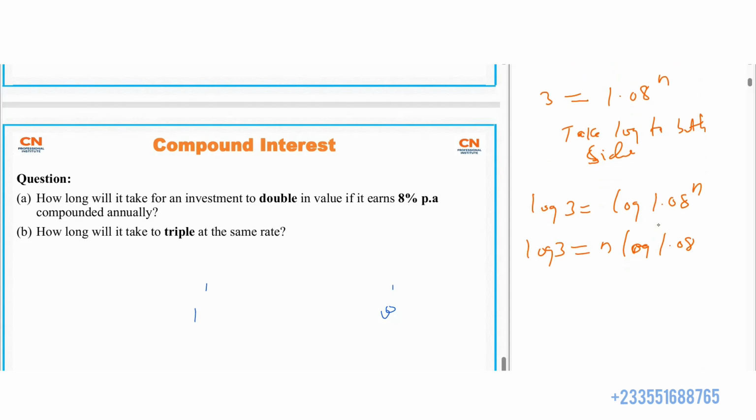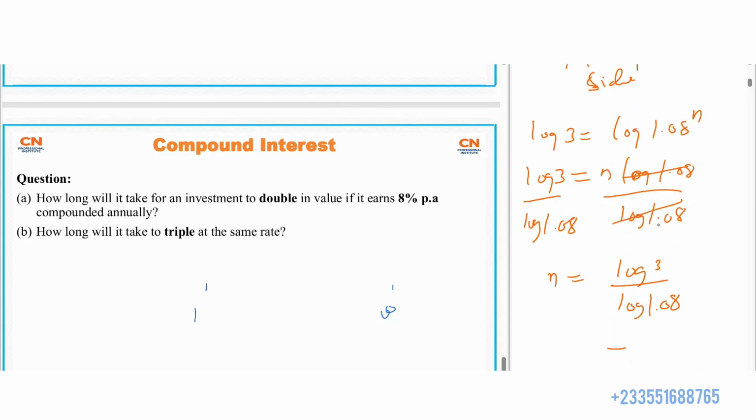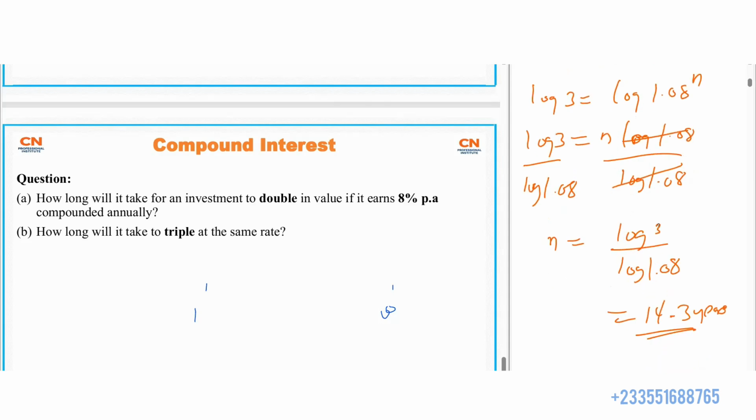Then to make n the subject, we divide by log 1.08. So this cancels this. See that your n will be equal to log 3 over log 1.08. You can just punch this straight on your calculator, and you get something like 14.3 years approximately. So that's log 3 divided by log 1.08.